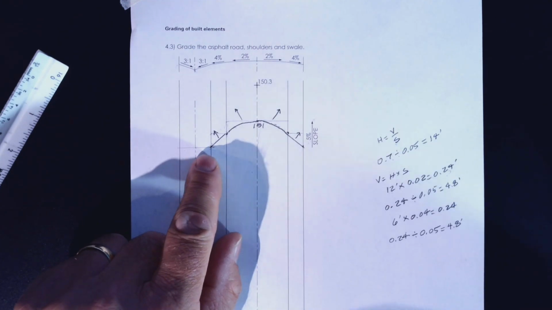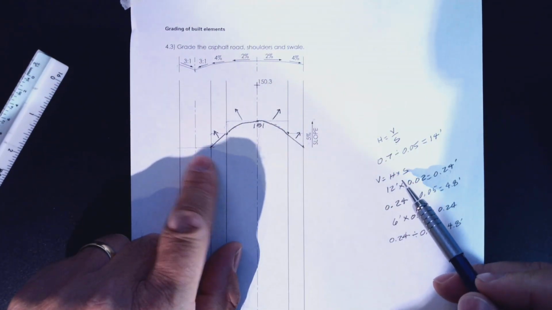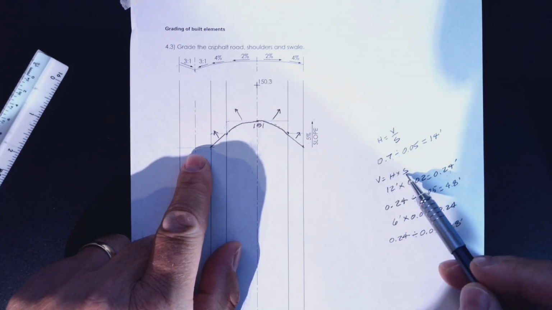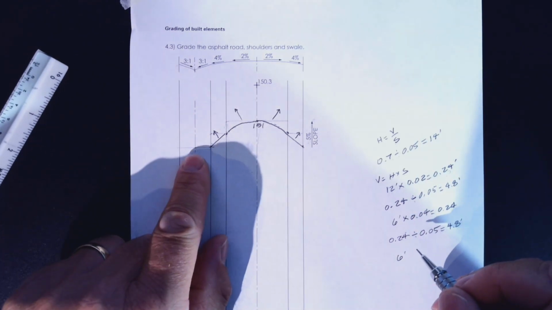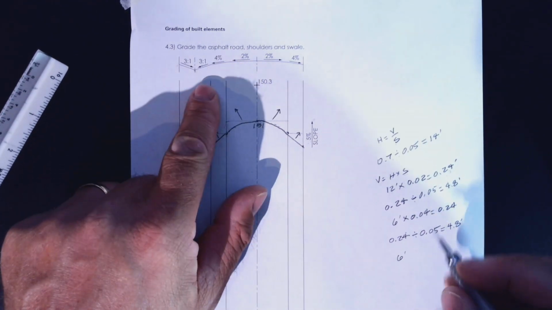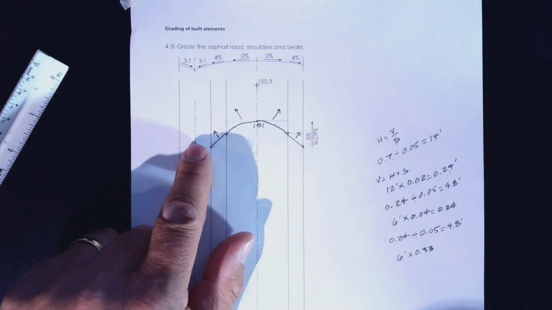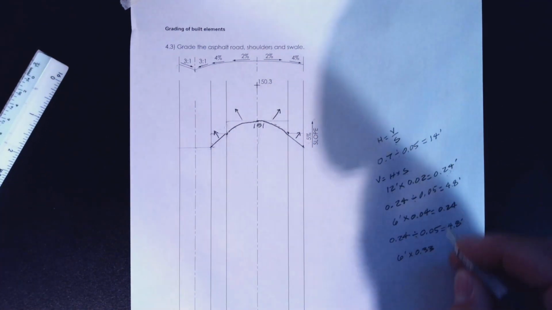So if we go 6 feet, what are we trying to find out? We're trying to find out what the vertical drop is. Vertical is horizontal times slope, so our horizontal is 6 feet. We measured 6 feet to the center line at 33%, so 6 times 0.33 equals 1.98.